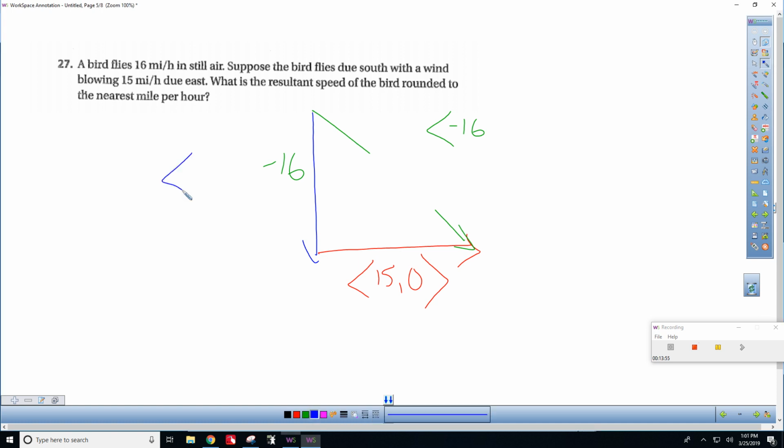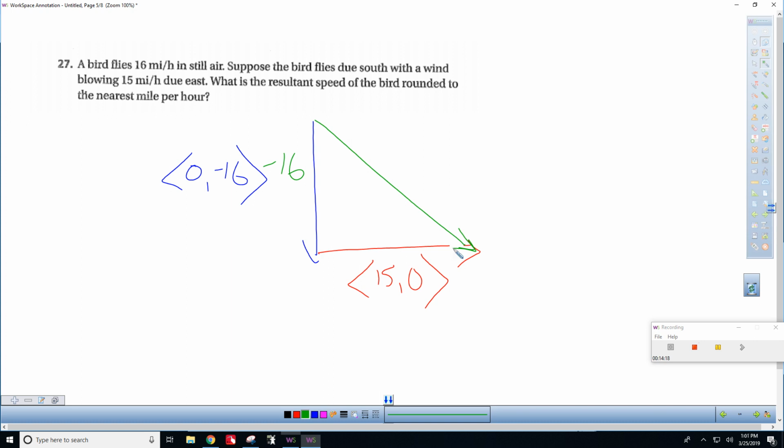It's going right 0 and down, or south, 16. This one is going right 15. So this one, this green vector, if I didn't have to get this done by tomorrow, I would redo it, but we got to go. This is my first shot and my last shot at this. So that green vector is what we're looking for.